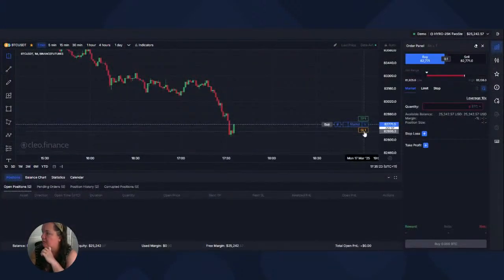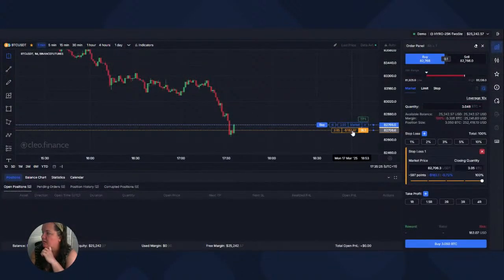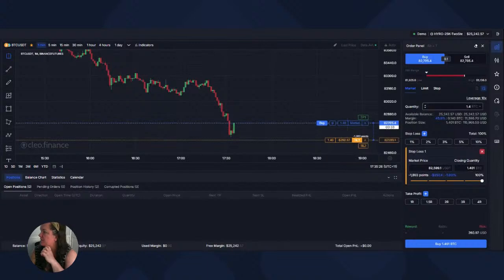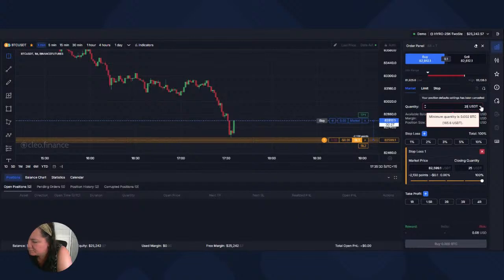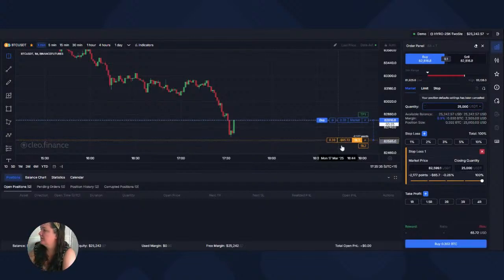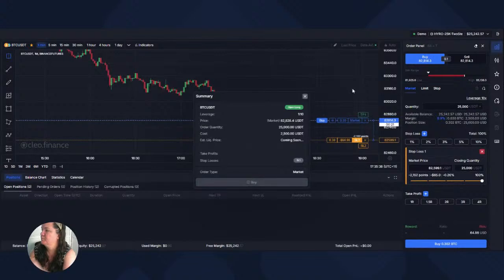So this is going to be my stop loss. So here what we do is we can go down. I'm going to put my stop loss here. Change this to 25,000. So I got 25,000. So my stop loss is 65 by BTC.